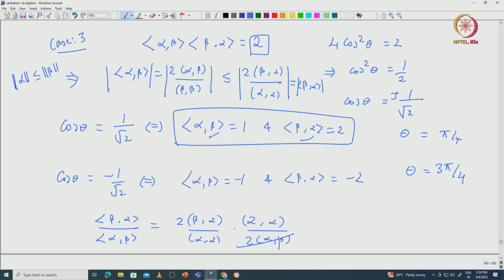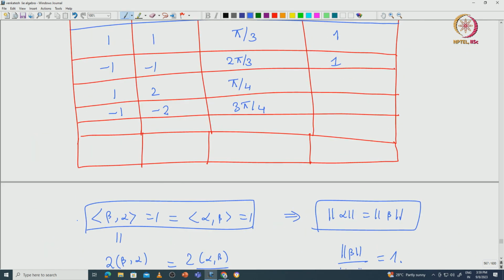Now the 2 alpha beta factors get cancelled, then this is exactly equal to beta beta divided by alpha alpha. That is going to be the ratio between these two. That is exactly going to be 2 because this is 2 divided by 1. So this will be 2 and this will be 2.